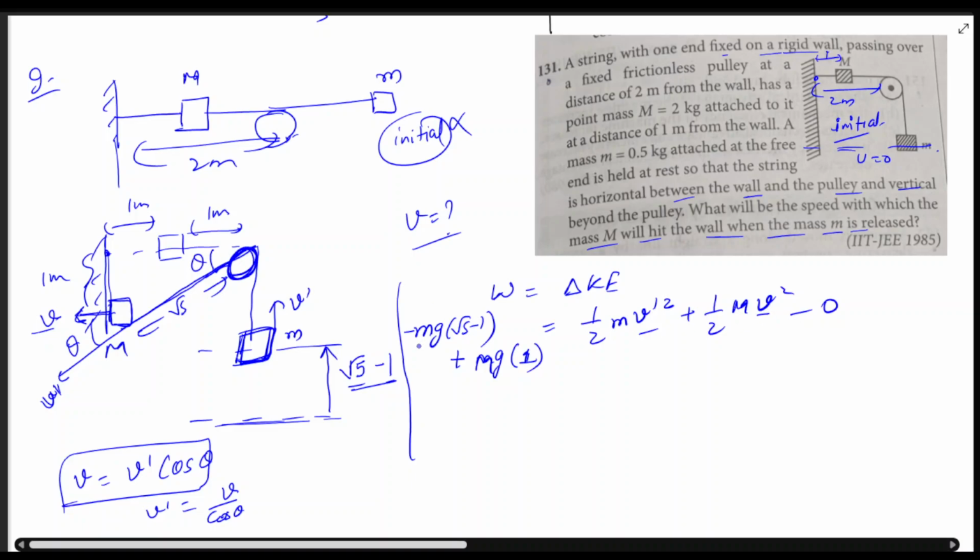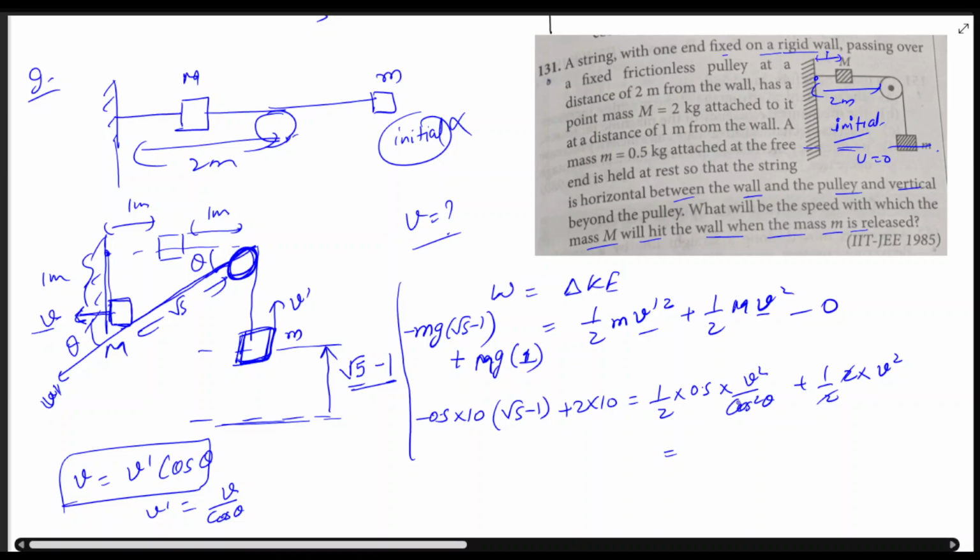Right? So let's solve. Small m is 0.5, so it will be 0.5 into 10, this will be root 5 minus 1. The calculation will be typical. Capital M is 2, into 10, is equal to half, small m is 0.5, into v dash which will be v square by cos square theta, plus half, capital M is 2, and v square.